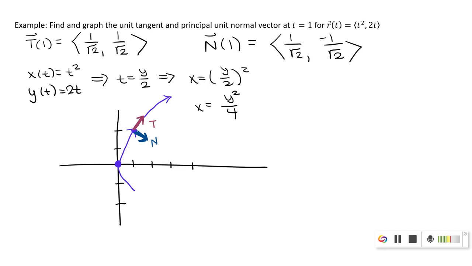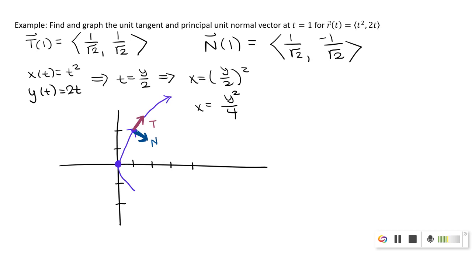The thing I wanted to point out on the picture is notice that our tangent and our normal vectors are perpendicular, or you could say orthogonal. The principal normal vector is pointing inwards, into the direction it's curving. Because this problem is a plane curve, we're in 2 dimensions instead of 3 dimensions.